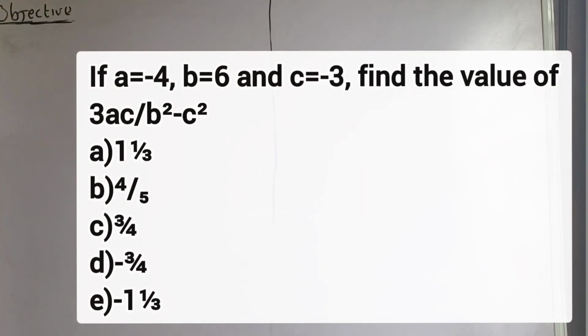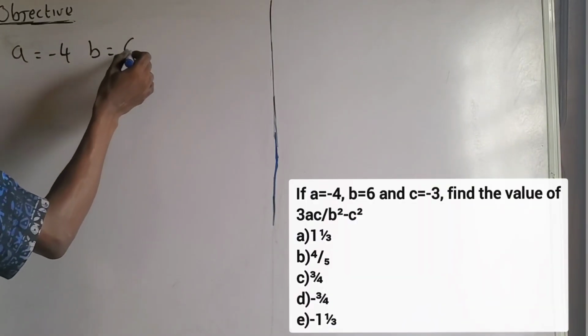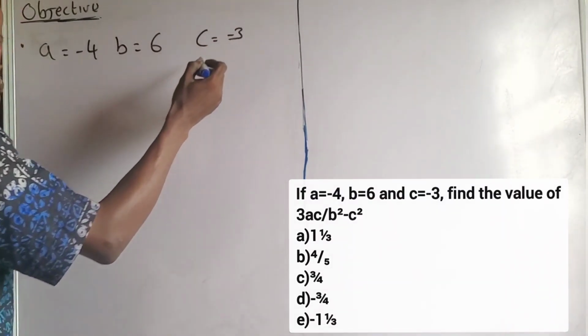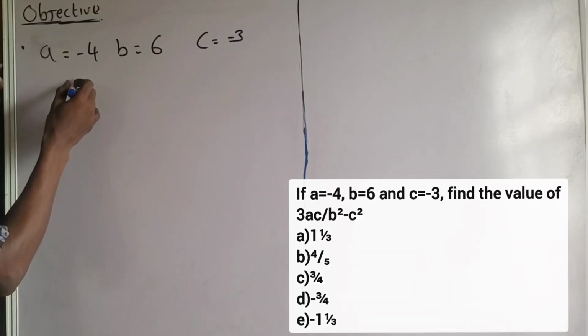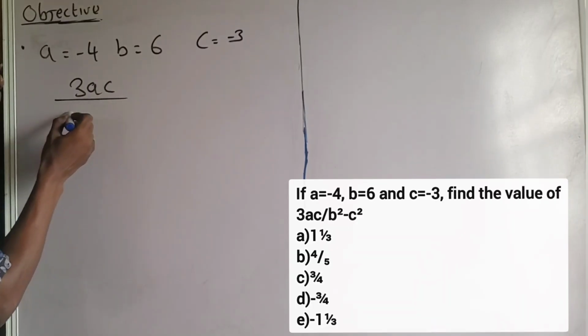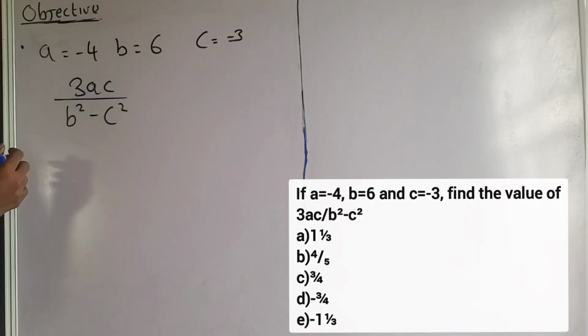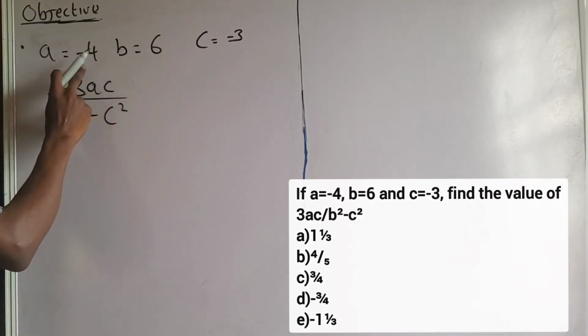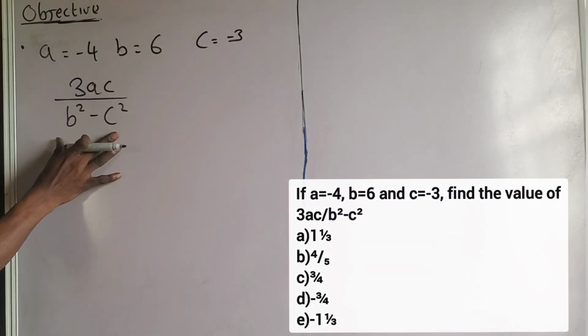If A equals to negative 4, B equals to 6, and C equals to minus 3, find the value of 3AC over B squared minus C squared. Okay, we are given that A equals to negative 4, B equals to 6, C equals to minus 3. How can we evaluate? All you have to do is just substitute the value of A, B, C as negative 4, 6, and negative 3 respectively.